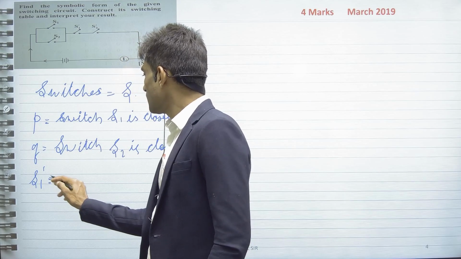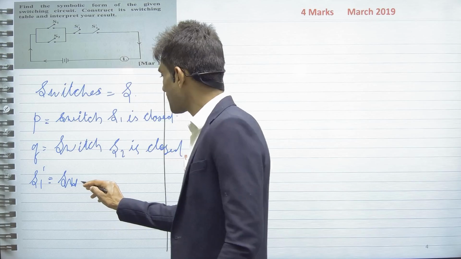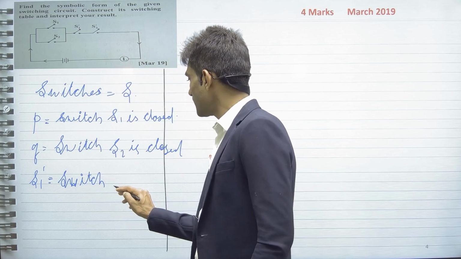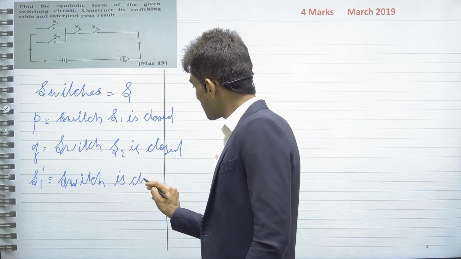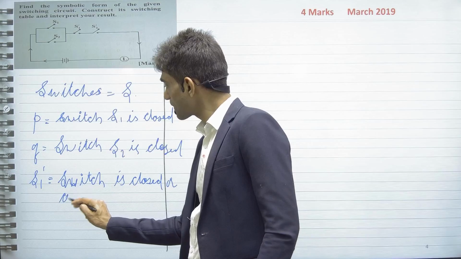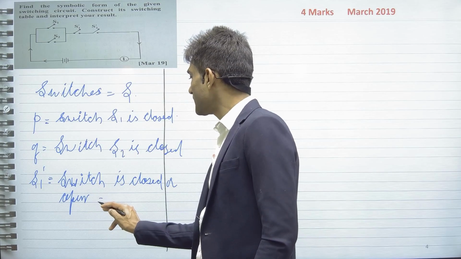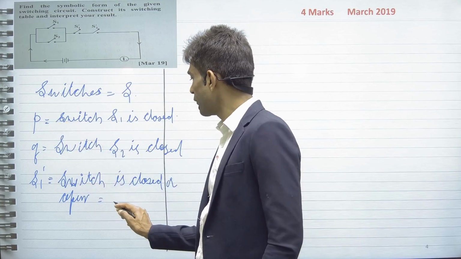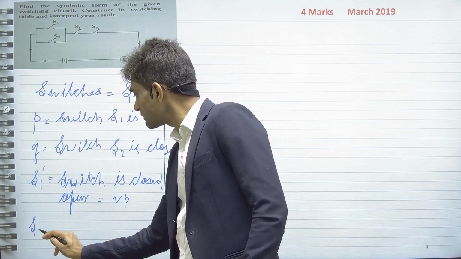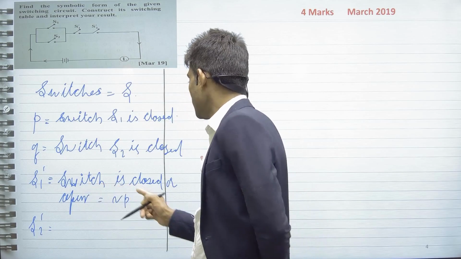S1 dash represents the switch, whether the switch is closed or open, or we represent S1 dash as the negation of P. Similarly, do it for S2 dash: switch S2 is closed or open.